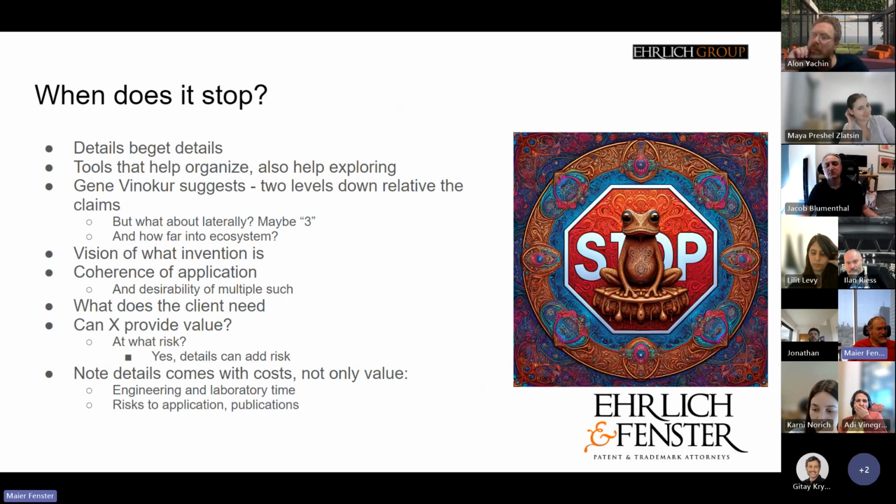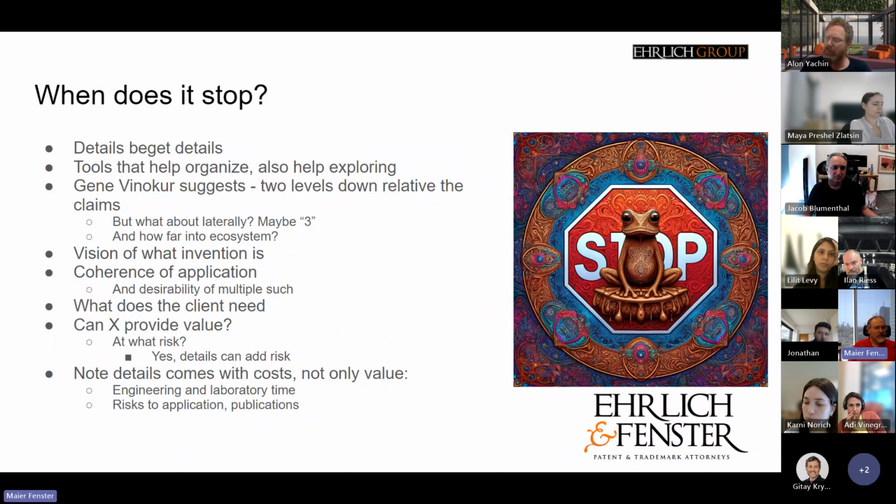Some of you are probably asking, okay, so how many details should I put in? And the more details you put in, the more details you want to put in. And if we use tools like I've talked about in the past that help you organize your patent applications, they also help you explore. And when you explore, you naturally find new details to add.